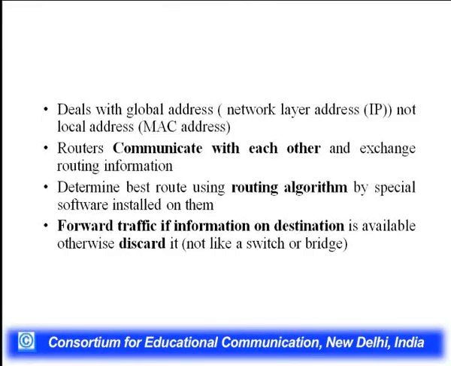It forwards all information to the destination host which is available, or it discards it, unlike a switch or a bridge. It has routing algorithms, which are special software installed on them, and they use these routing algorithms to communicate with each other, and all routers keep exchanging their routing information with each other.